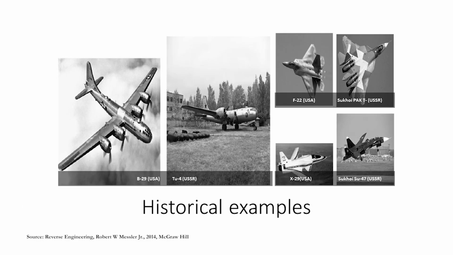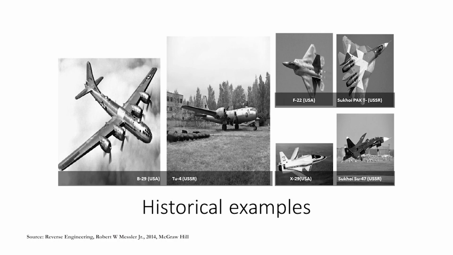Okay, now let us talk about some historical examples of reverse engineering. Reverse engineering has been quite popular for military and defense applications. These are some fighter aircraft: a B-29 bomber, the Tu-4 from the erstwhile USSR, an F-22 from the US, a Sukhoi PAK-T, X-29, Sukhoi Su-47.